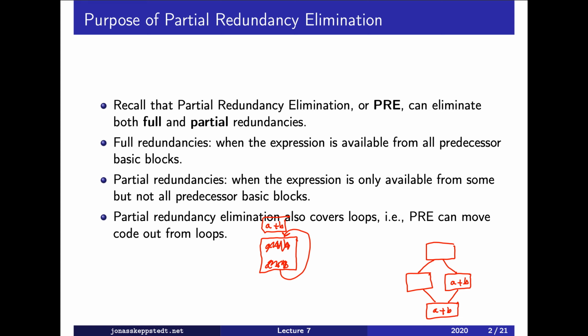There is a separate optimization called code motion out of loops, but it's not needed, since PRE can do it as well. I mean, we need to have PRE in a compiler, so we use that instead of code motion out of loops.